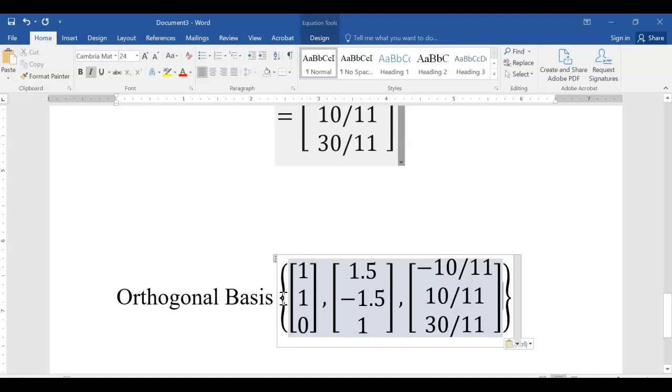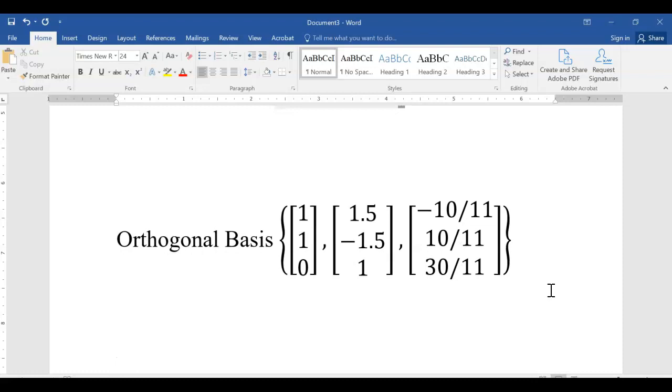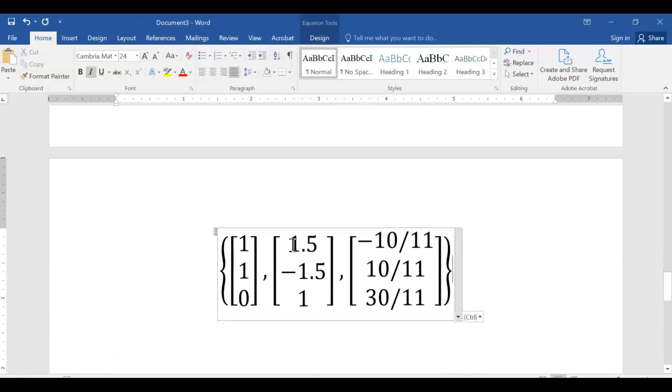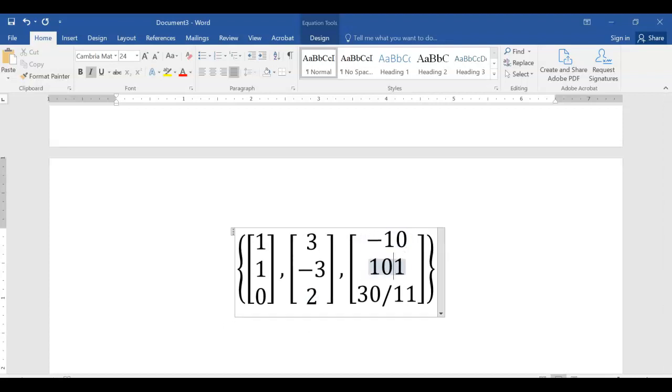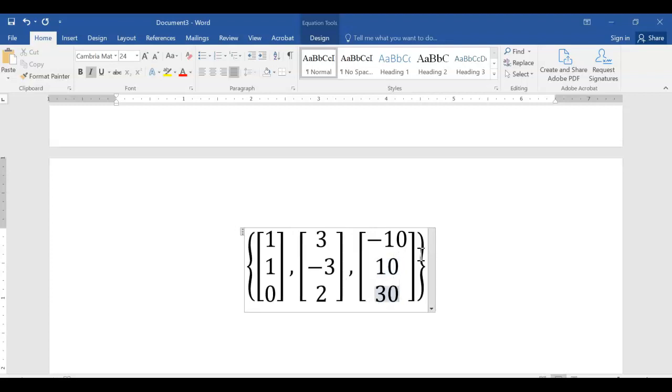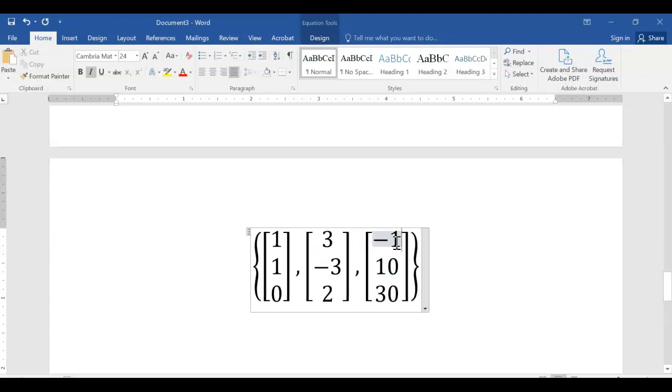Moreover, if you wanted to scale these to nicer things to look at, you could. Like we did before, scale the second vector to 3, negative 3, 2. Notice that if you multiply everything by 11, the denominators go away here. If you divide everything by 10, you get negative 1, 1, 3.